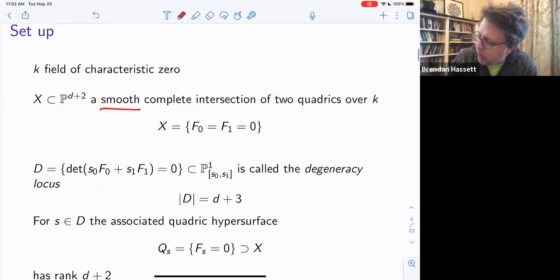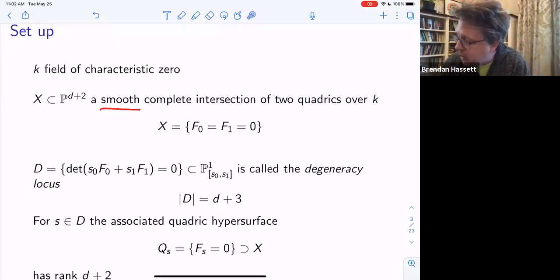And so one important invariant is we look at the quadratic forms that contain X that are singular. And so this is given by the determinant of the associated symmetric matrices. So I'm taking here linear combinations of our defining quadratic forms. And I'm just saying, well, which linear combinations have vanishing determinant?